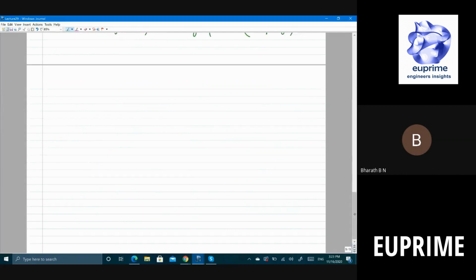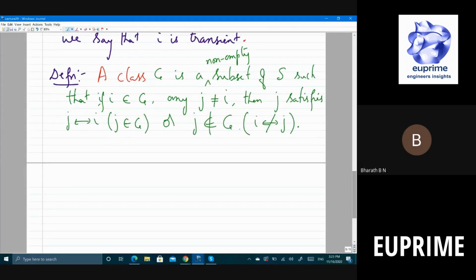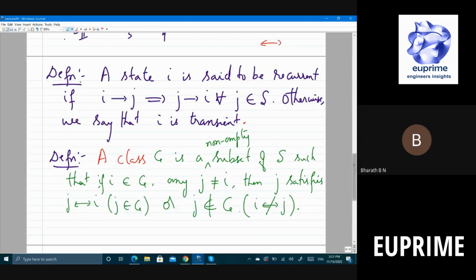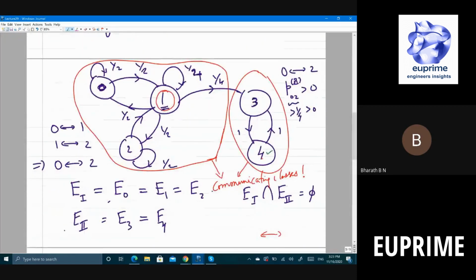Do you agree? Think in terms of pictures. If a state belongs to that particular class, then it can communicate with all the other nodes in the class, and it cannot communicate with the neighboring ones. For example, look at 4. 4 can communicate with 3, but cannot communicate with 1 or 0 or 2 because there is no path there.